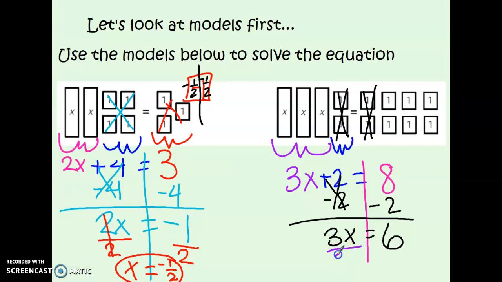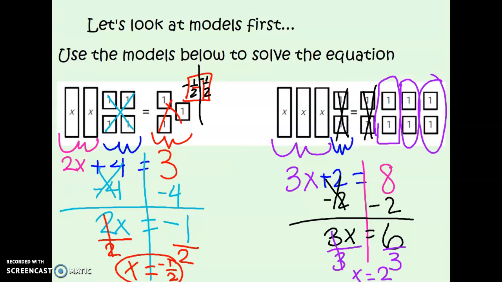So I want to divide by 3, which is going to leave me with x, and then 6 divided by 3 is 2. I'm splitting it into the 3 x's, so I've got 1, 2, 3. So I have 3 groups of 2.